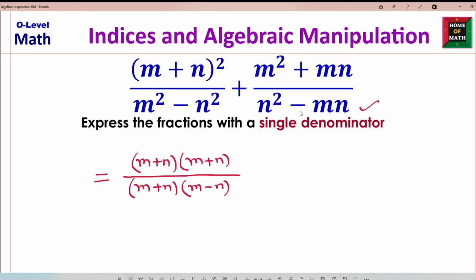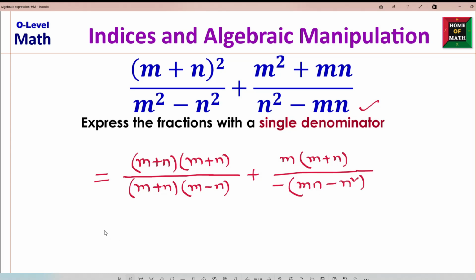Here is n square minus mn. We can change this a little. In the numerator, if we take m common, it becomes m plus n, and in the denominator, if we take n common, it becomes n minus m. It's not looking so good, so we can exchange this by taking minus common, so it becomes mn minus n square.